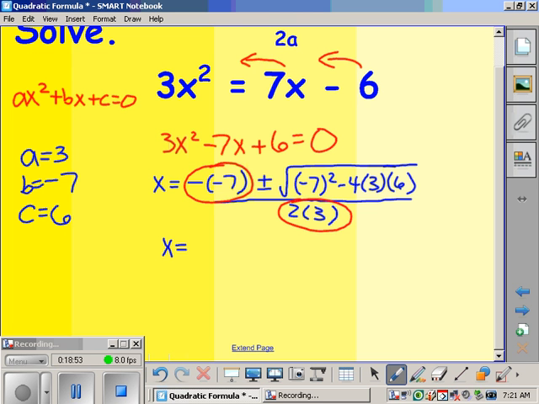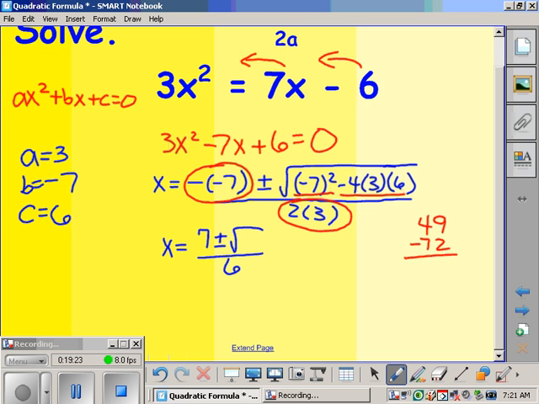Okay, so we're going to go ahead and calculate. Let's see, the negative 7 is a positive 7. We'll put our radical, and then in the denominator we have 6 again, just like the last problem. Now, negative 7 squared, negative 7 times negative 7, is positive 49. Negative 4 times 3 times 6 is negative 72. So what's going to happen?